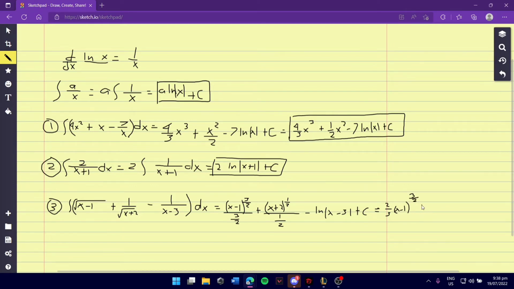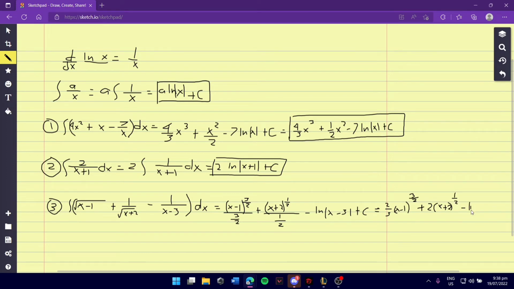Then for x plus 2, since this is 1 half, when bringing it to the numerator, it will be reciprocated and it will become 2, then copy the x plus 2 raised to 3 halves.